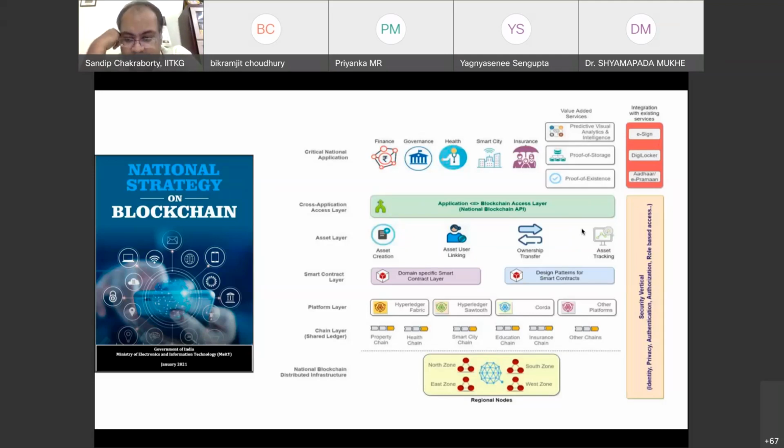This is not only about a single chain; in each of these verticals, there can be multiple such blockchains. The part we are mostly interested in is what they call the platform layer, which supports different kinds of blockchain platforms. It provides support for Fabric, Sawtooth, Corda and so on.